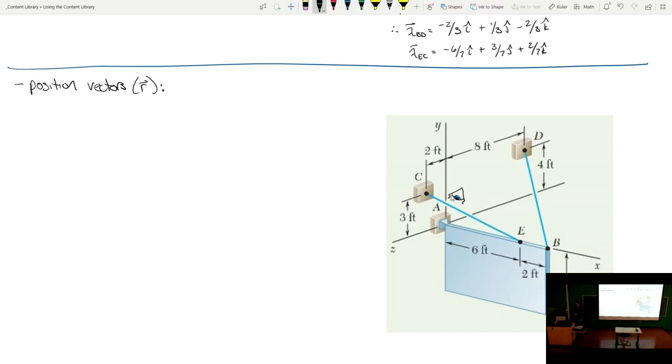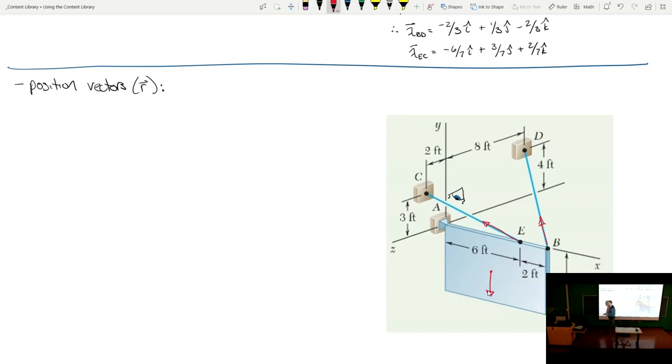So what are the forces in this system that don't go through A? Well, we have, and I'll draw them in red, we have this force, and that force.